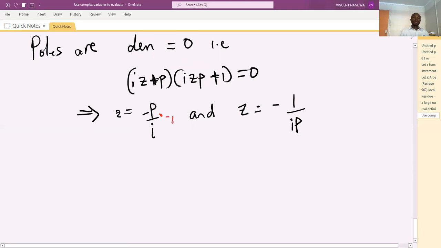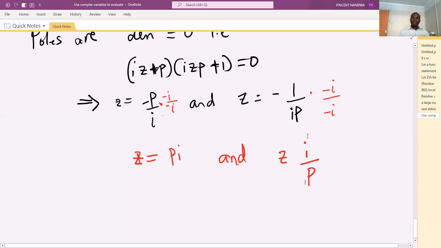Now you can rationalize or multiply by the conjugate. So this will give us 1, and then negative, negative, positive. So z is pi, and z here will have I over p.